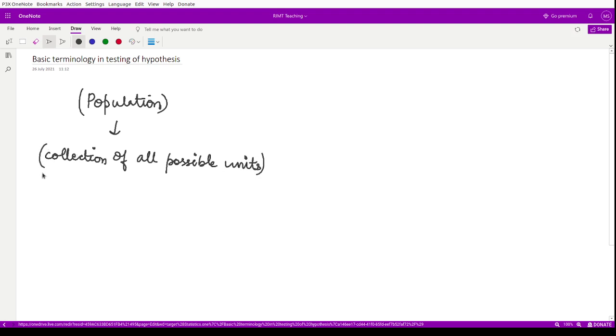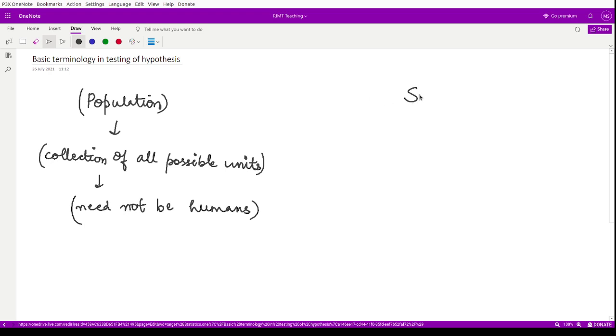This is one thing. And as I've told you, this collection need not be all humans. It could be anything. It could be a collection of mobile phones, laptops, insects, fruits, humans, anything.